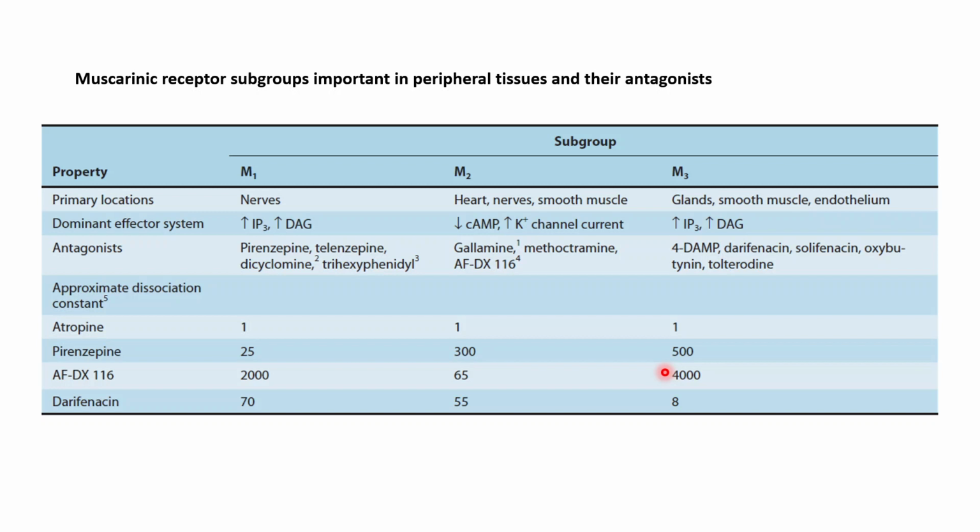So that is why pirenzepine acts on all, but mostly on M1 and M3 receptors, and has a higher blocking affinity for M1 and M3 than atropine, and that is why it's more effective as an anti-acid secretion drug.